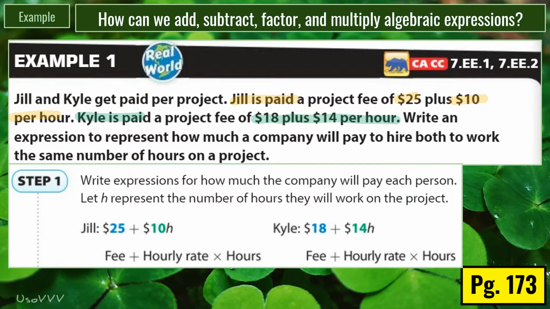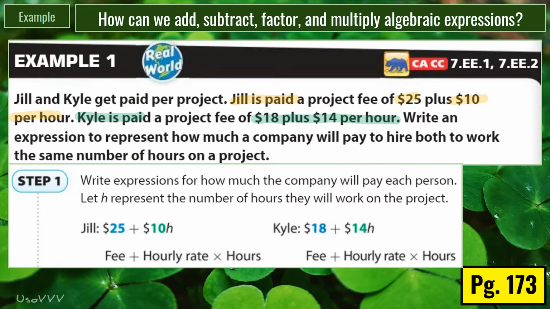Since Jill gets paid $25 plus $10 per hour, I can write my expression for Jill as 25 plus 10h. Notice here they're letting h represent the number of hours. H, hours. Easy to remember. When you're making your own expressions, you can use whatever letter you want for your variable, but using something that helps remind you what it's representing is usually a good idea, which is why here h is for hours.